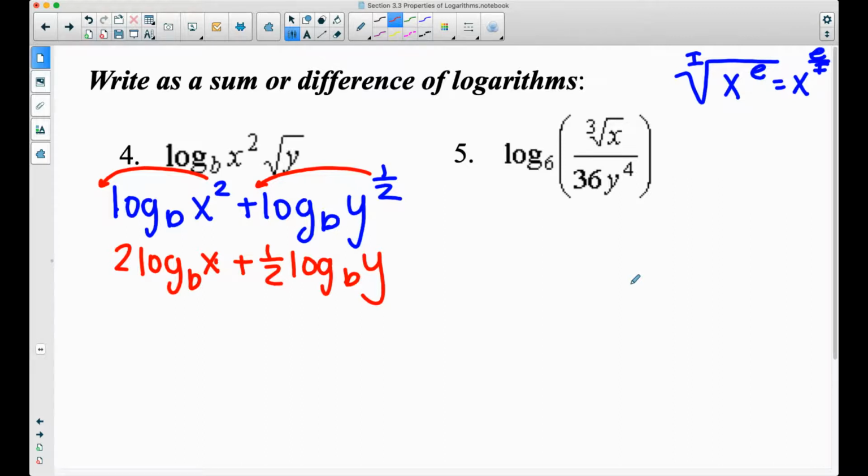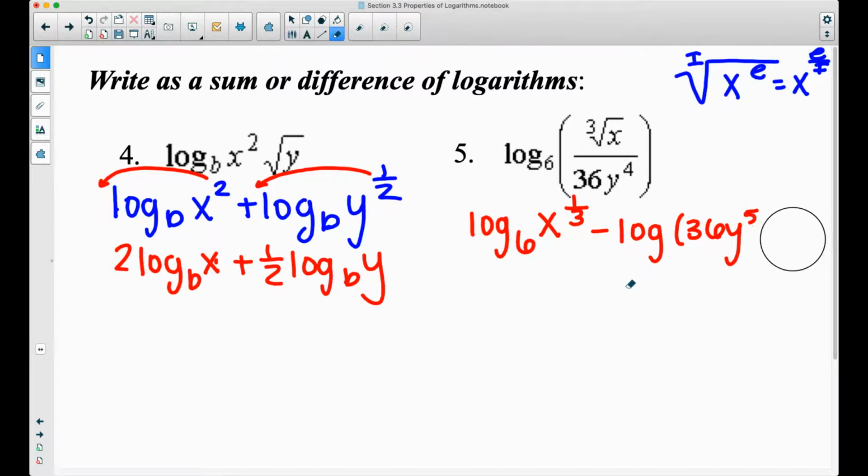Right, so be careful on this one. Main thing here is division, so I'm going to separate by subtraction. Go ahead and change that x to the 1/3. Or 5, I don't know why I just made it 5.